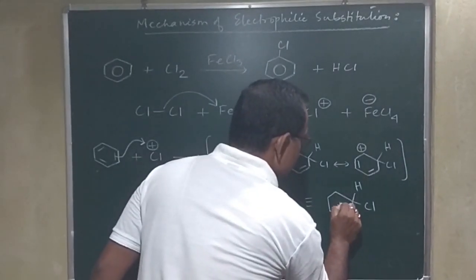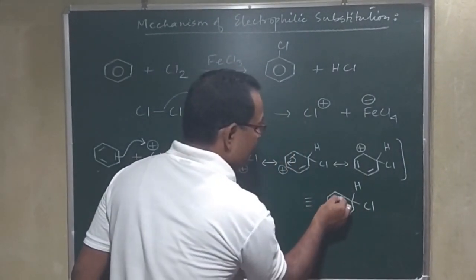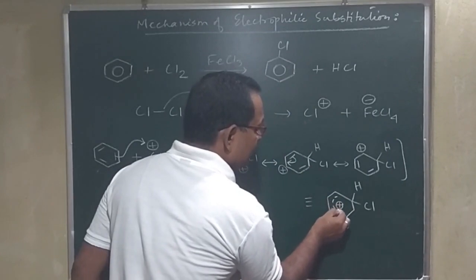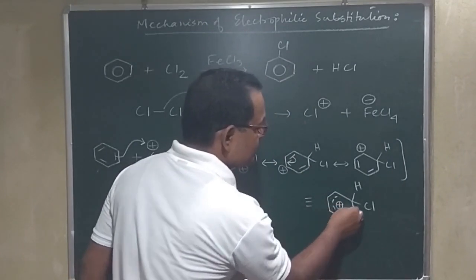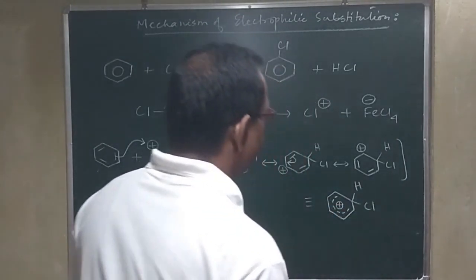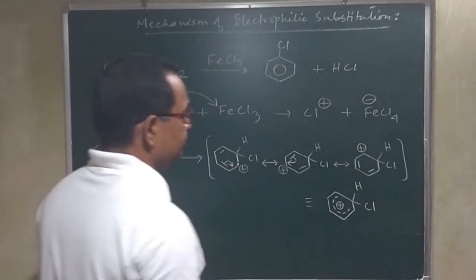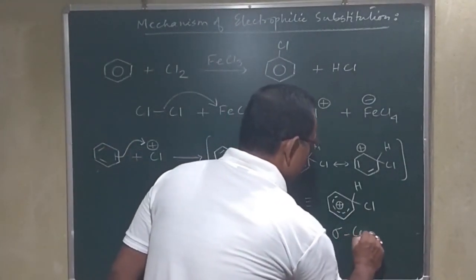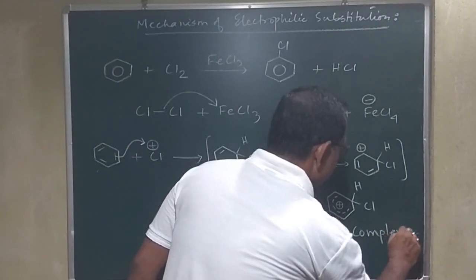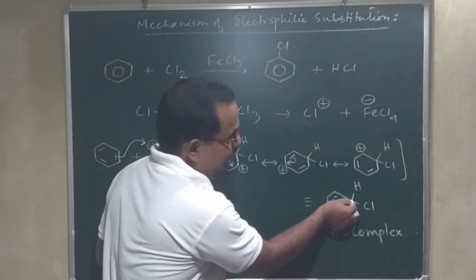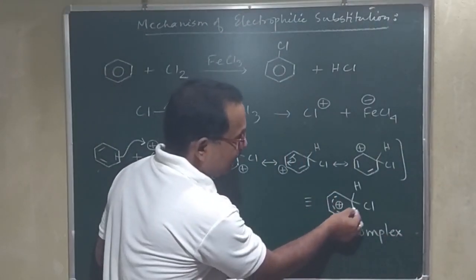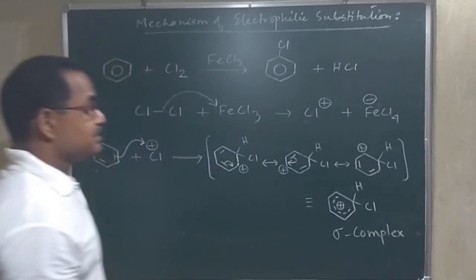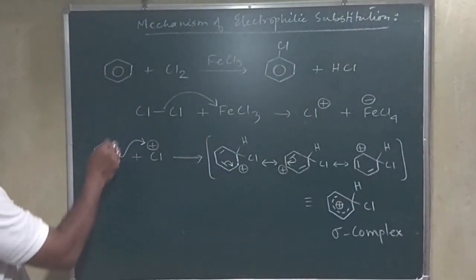So we will put a positive sign here, and the delocalization of the positive charge will be denoted like this. Okay, this is called a sigma complex.